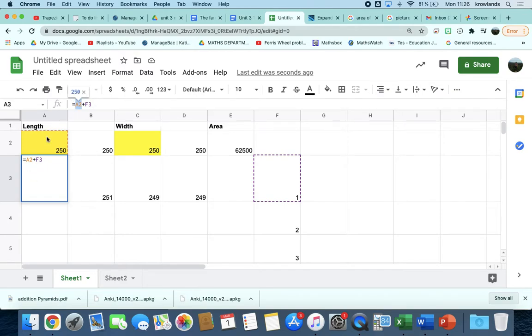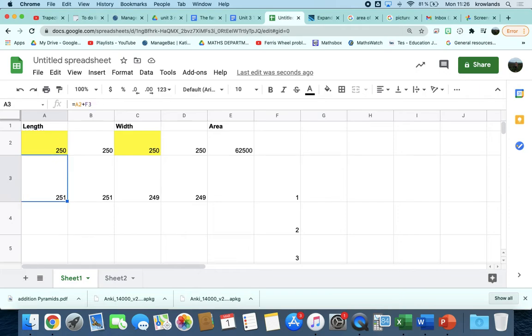This is called A2 above. And what we want to do is add F3. F3 is going to be the number to the right. Now you need to make sure that the number is exactly to the right and it's in row 3 if you're dealing with equations in row 3.